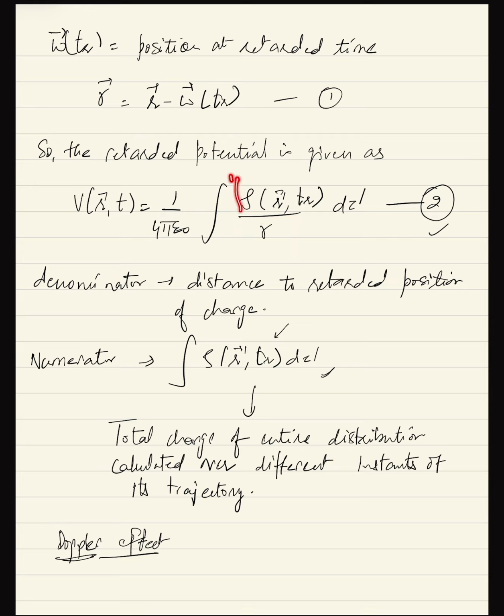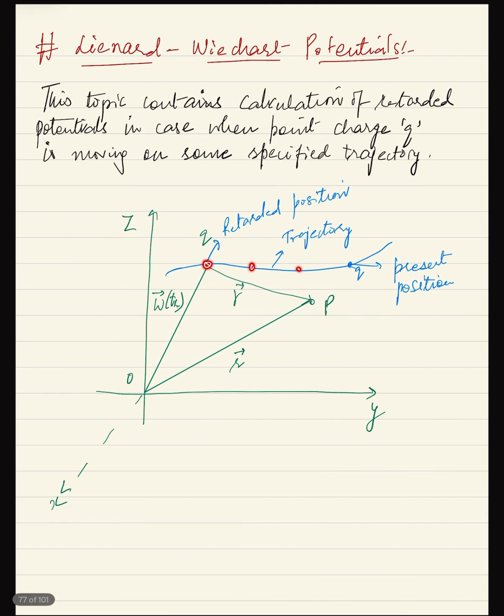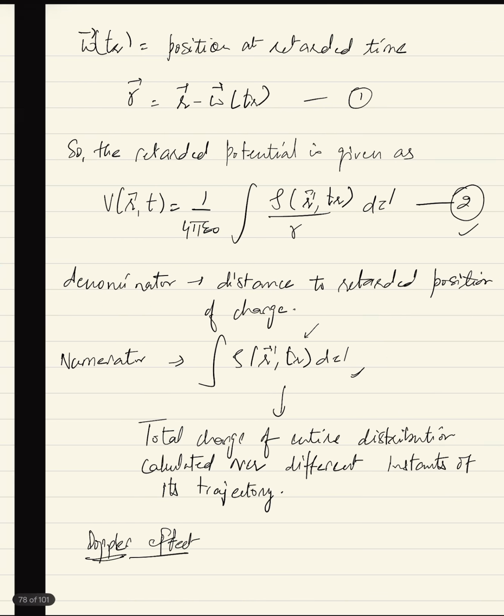And the numerator is rho(r', t_r) dτ'. It gives you the total charge of the entire distribution calculated over different instants along its trajectory. That means if it is changing, at a particular instant we are finding this rho(t_r).